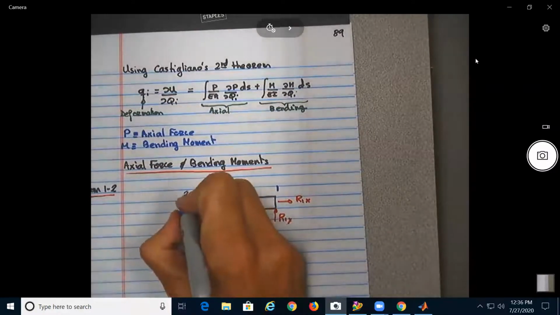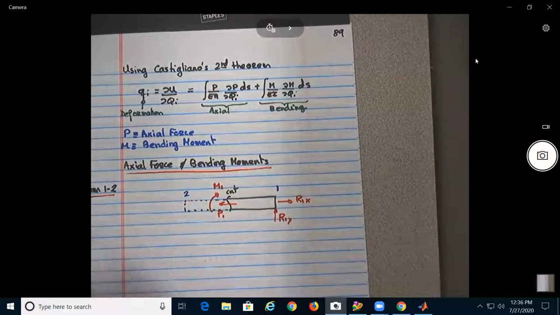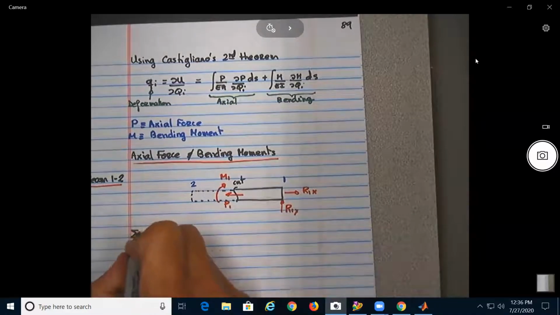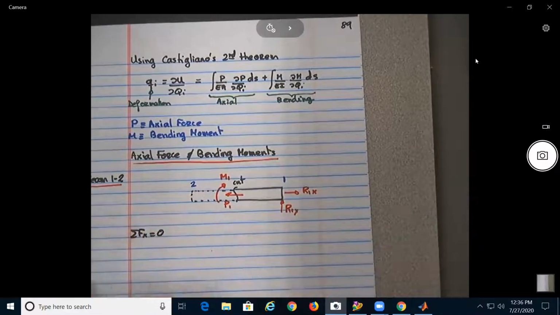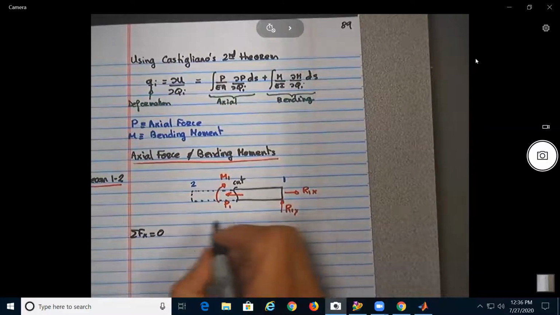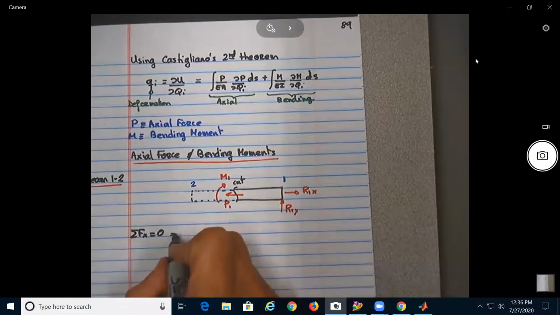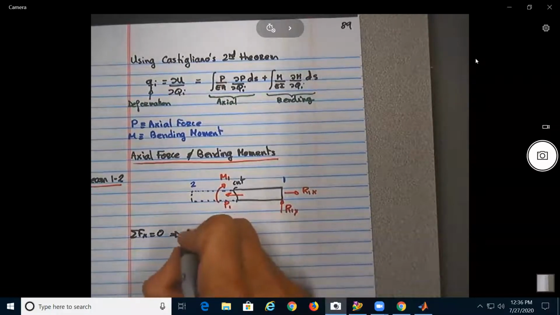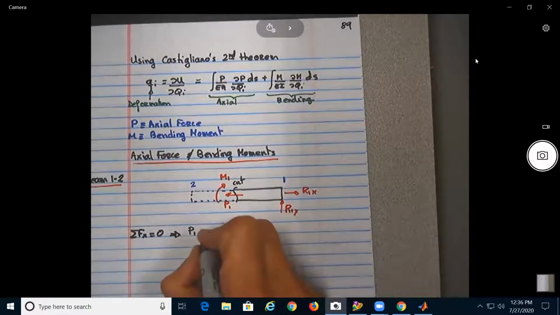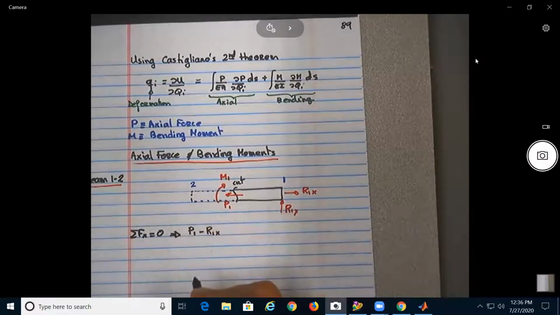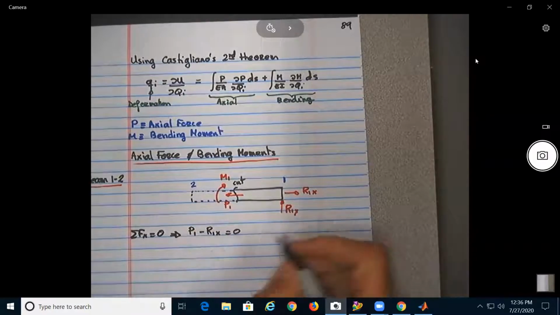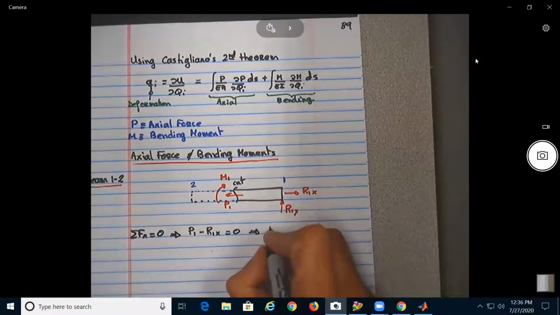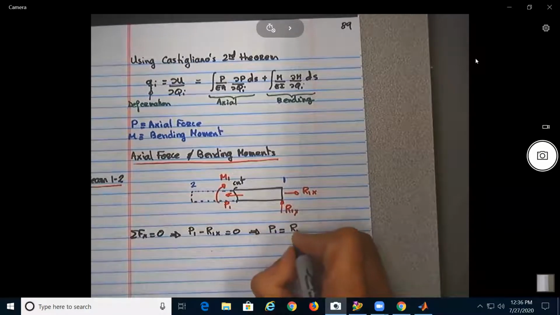Okay, so in order to find the axial force, you need to take summation of forces in the x direction. Which will give you what? P1 minus R1X equal to 0. So from here you can find that P1 will be equal to R1x, which makes sense, okay?